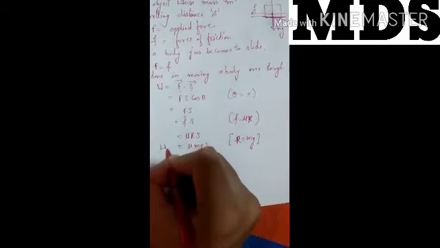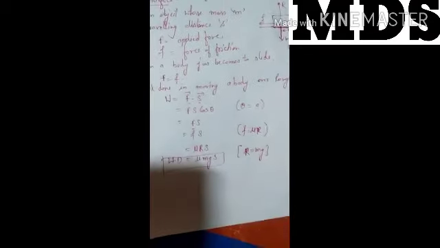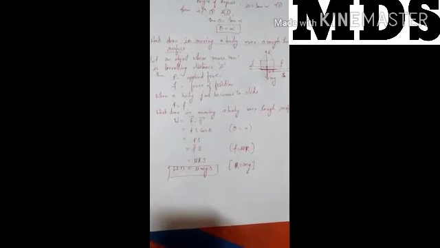That is the work done over a horizontal rough surface, where friction acts. When friction acts, the work done by this object will be mu mg s. Clear?